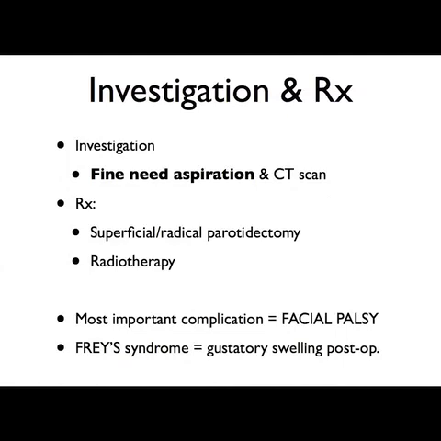In terms of treatment, you can do a superficial parotidectomy or a radical parotidectomy and/or radiotherapy. The most important complication, and this is particularly the case with a radical parotidectomy, is the development of a permanent or chronic facial palsy. There's also a specific syndrome associated with this procedure called Frey's syndrome, which is when you get gustatory sweating.